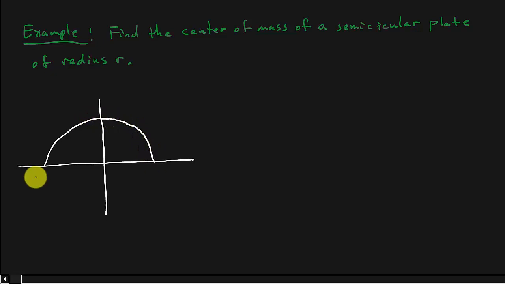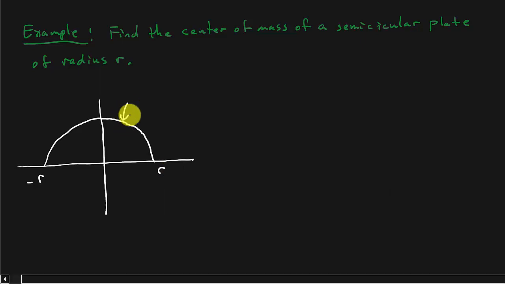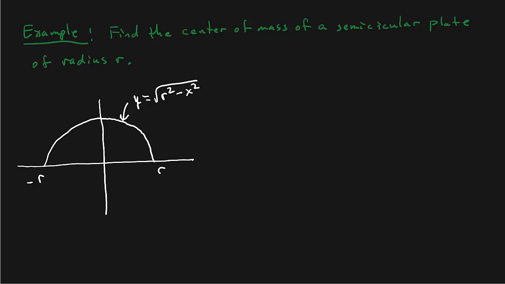There's our semicircular plate. We'll call this negative r, and this is r, because they tell us that the radius is r. And I know the equation of this semicircle would be y equals the square root of r squared minus x squared. That would be the equation of that semicircle.